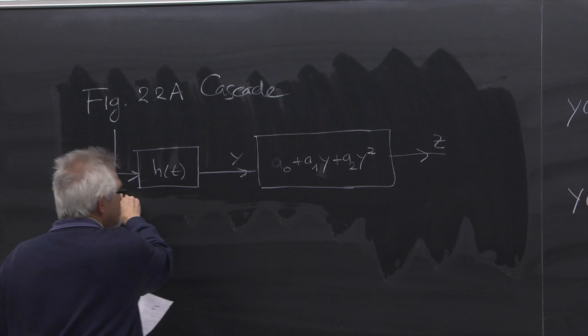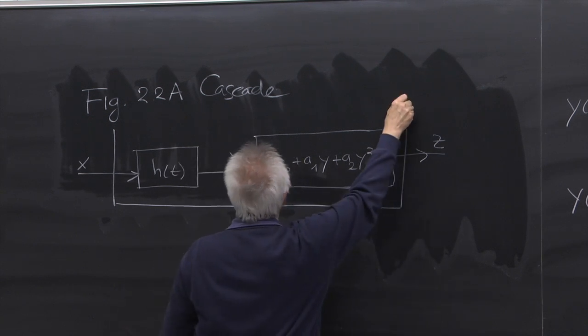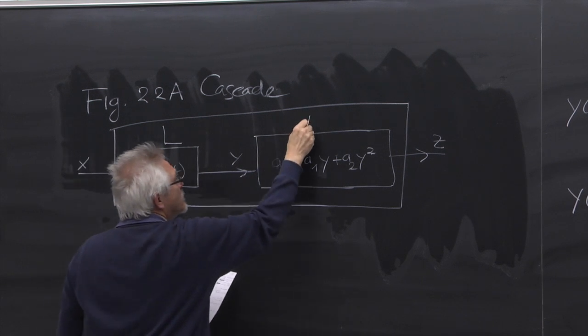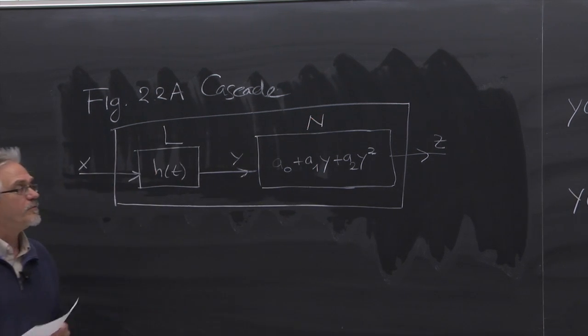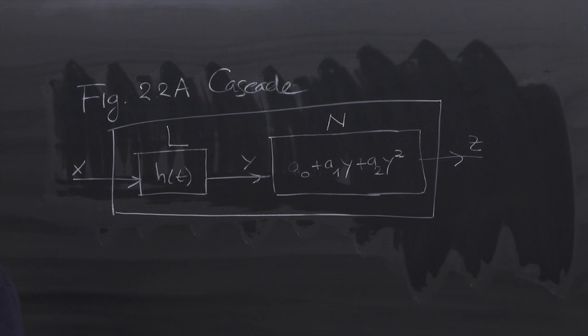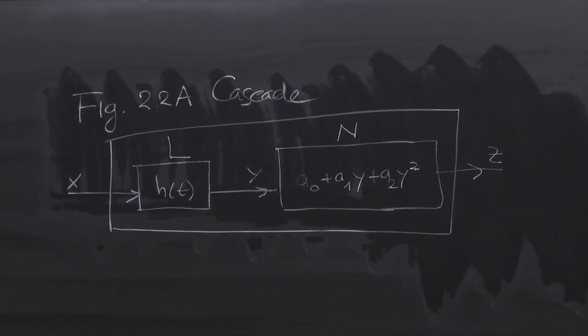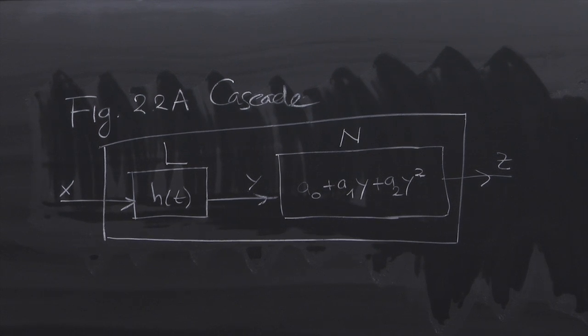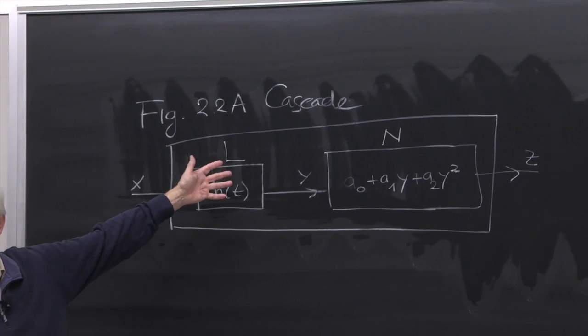And this whole system would be a cascade, where this is the linear component and this is the nonlinear component. So it's also sometimes called an LN system. It is a dynamical system, but the dynamics is completely in the linear component.